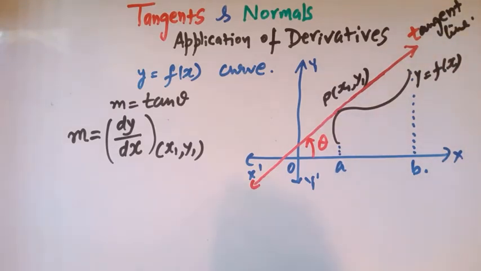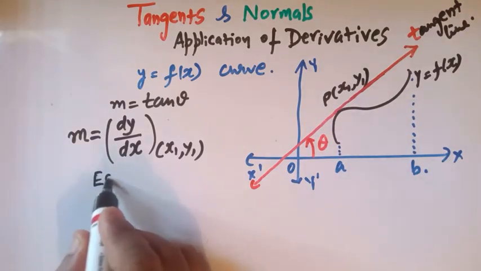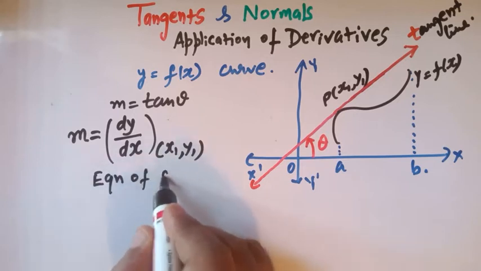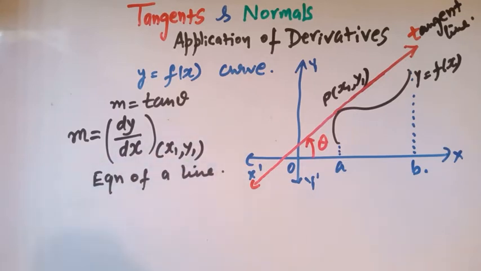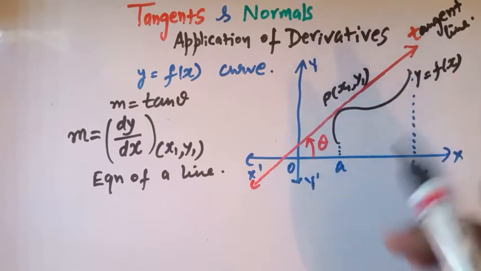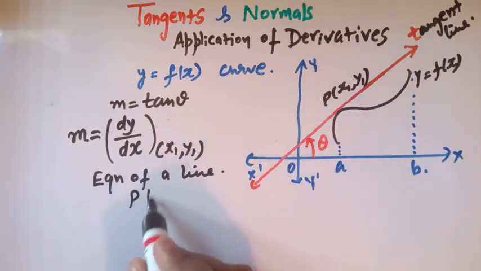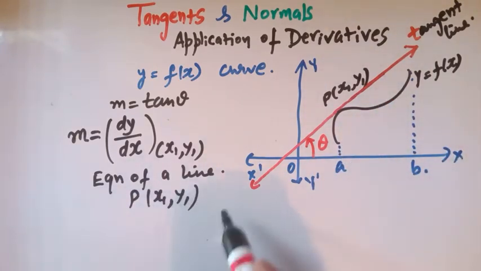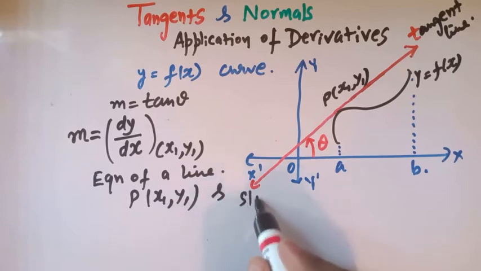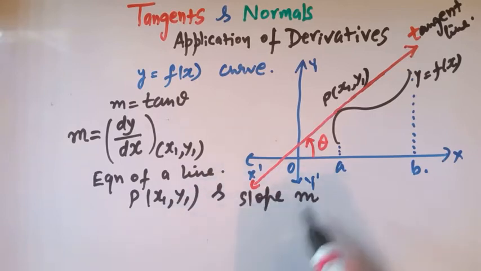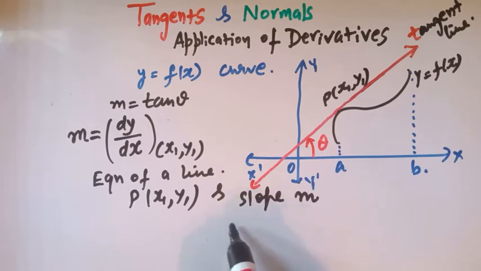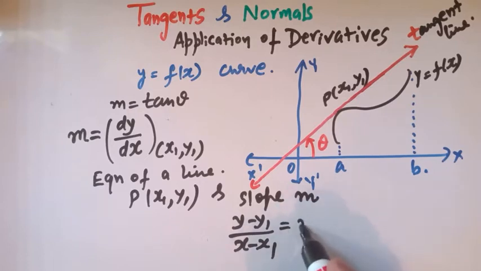Now from coordinate geometry we know that the equation of a line which passes through a point, say P(x1, y1), and having slope m is given by (y minus y1) over (x minus x1) is equal to m.